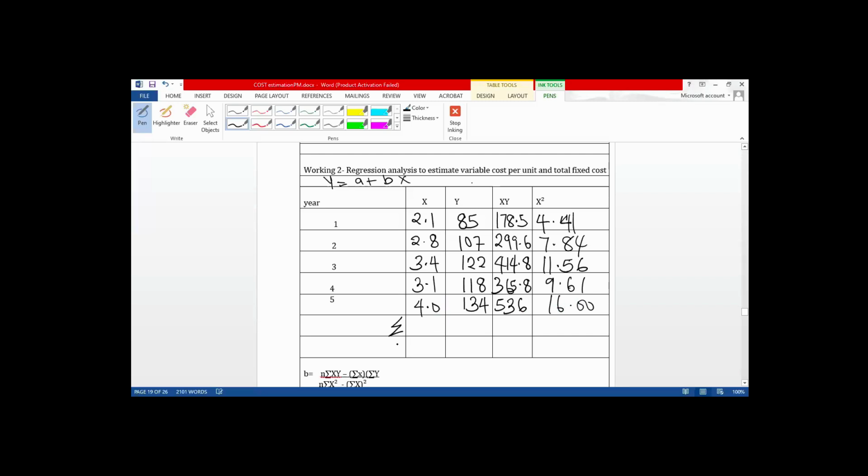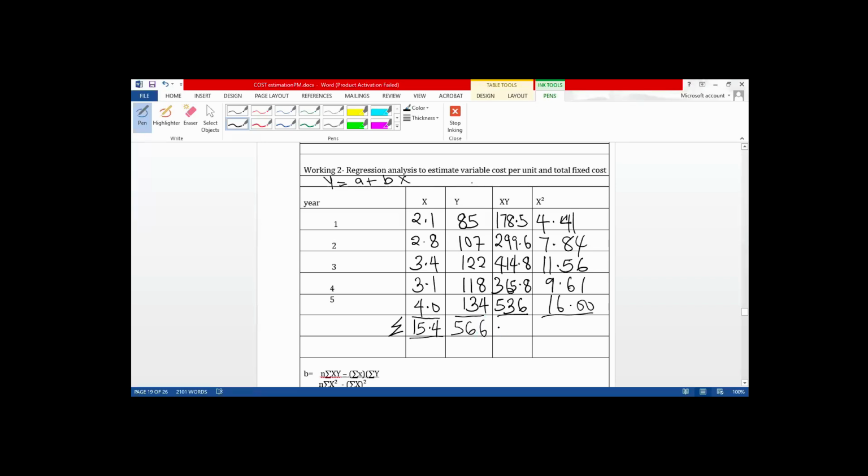Now summation. This sign means summation. Sum your x. 2.1 plus 2.8 plus 3.4 and so on. How much? 15.4. Sum your y. Sum your xy. Sum your y is 566.